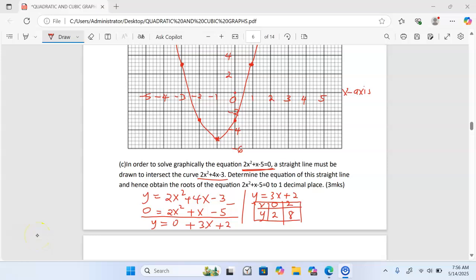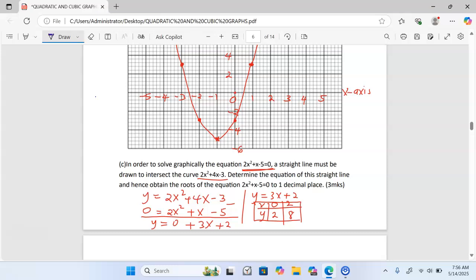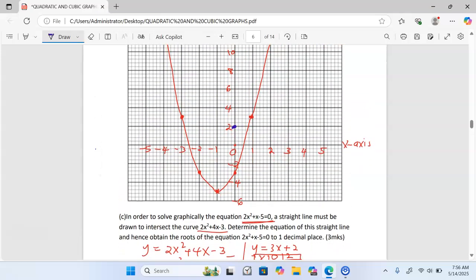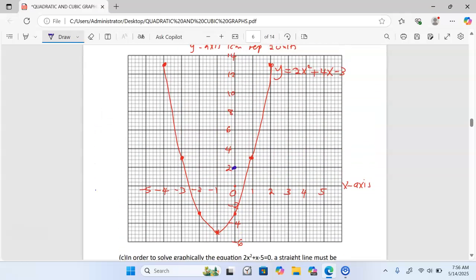When x is 0, y is positive 2 at this point here. And when x is positive 2, y is 8 at this particular point.